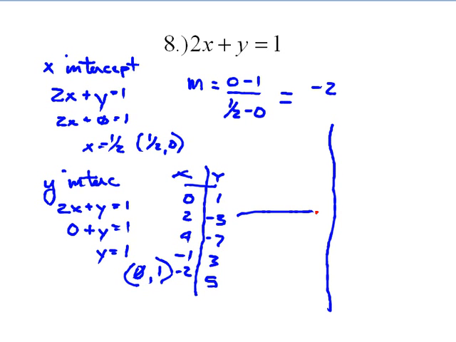Now we plot these coordinates. My straight lines are getting better, you have to admit. Okay, x is 0, y is 1. x is 2, y is negative 3. x is 4, negative 7. x is negative 1 and 3. x is negative 2 and 5.